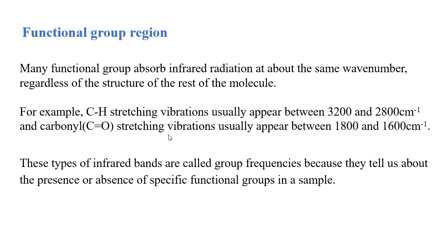Any particular functional group has a specific region where its band appears. By noting the position of the band, we can identify which functional group is present in the compound. So we can say infrared spectra are used to identify the functional groups and also the nature of the compound.